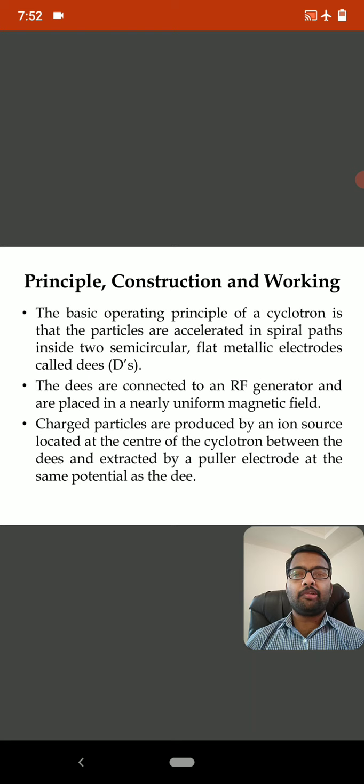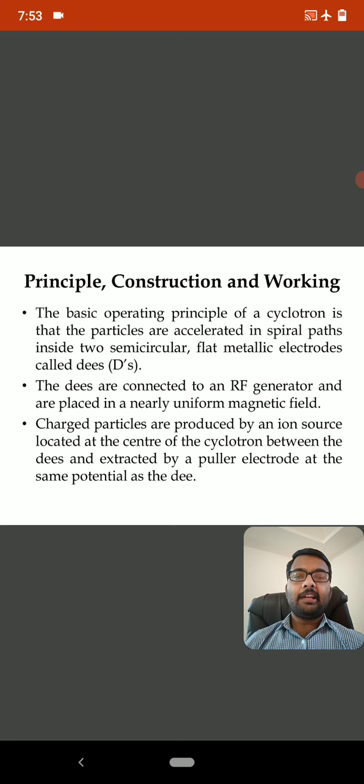Because the shape of those two electrodes resembles the English alphabet D. So they are similar to that letter D. That's why they have been called Ds. So the basic principle is that the particles are accelerated in a spiral path inside the two semicircular flat metallic electrodes called Ds.